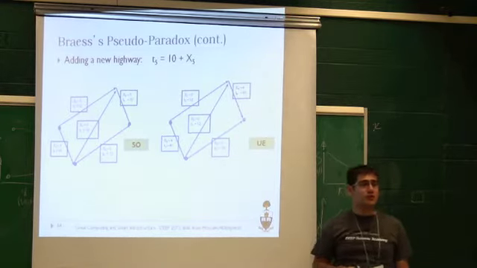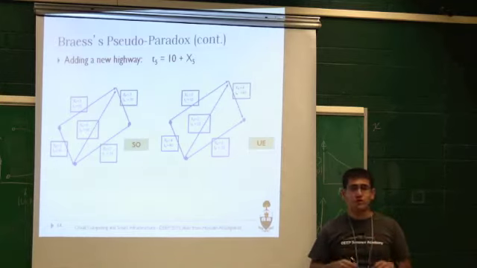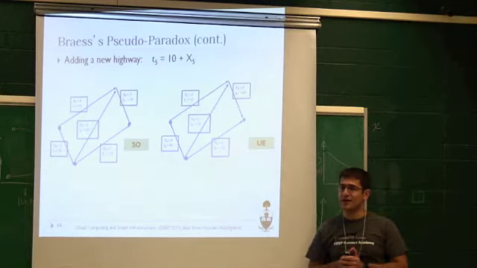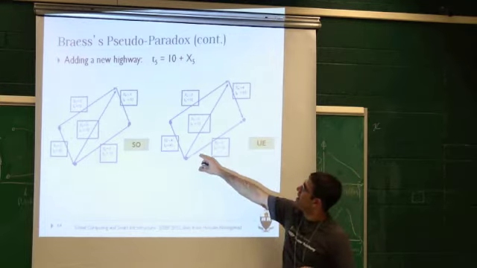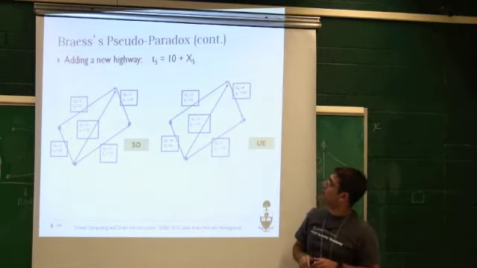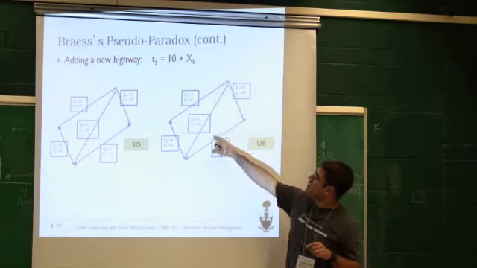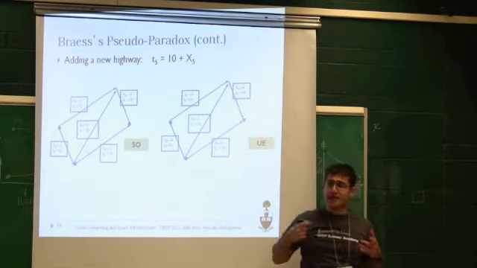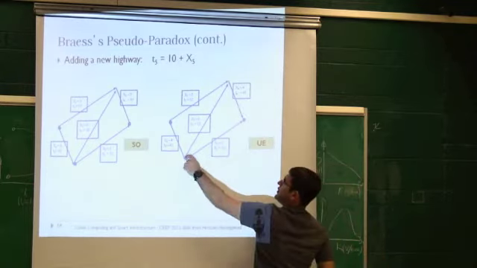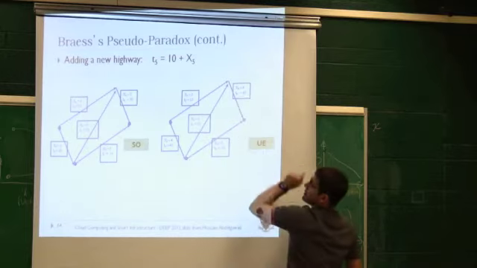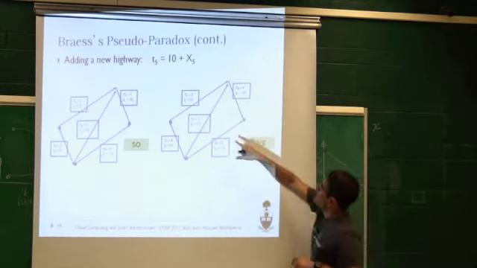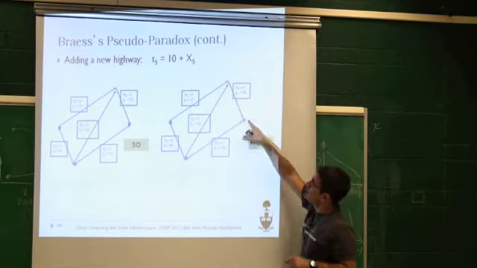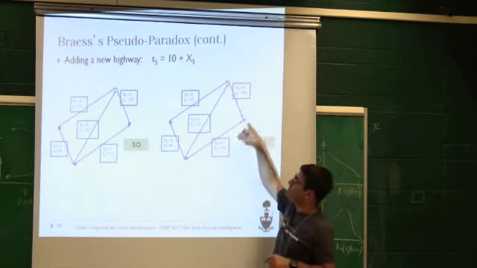So what does user equilibrium do? It makes sure that these 3 routes have the same travel times. So it keeps on adding here so that the travel times on each of the paths end up the same. So if you do T3 plus T5 plus T4, you end up getting 92, which is the same as 52 plus 40, which is the same as 40 plus 52.